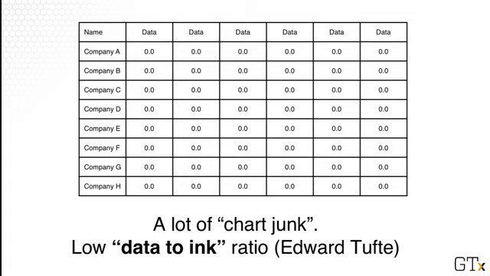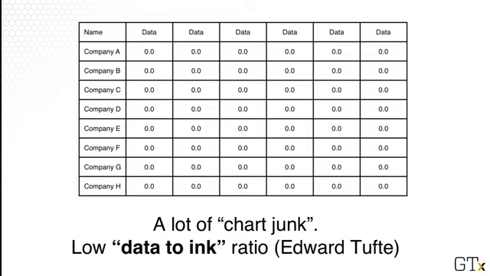That means the numbers, the labels, and so on. And how much ink are you going to spend on the grid lines, which may not be essential to interpreting the data? In this case, we are doing a lot of printing for the grid lines. That means a lot of chart junk, things that may not really matter.